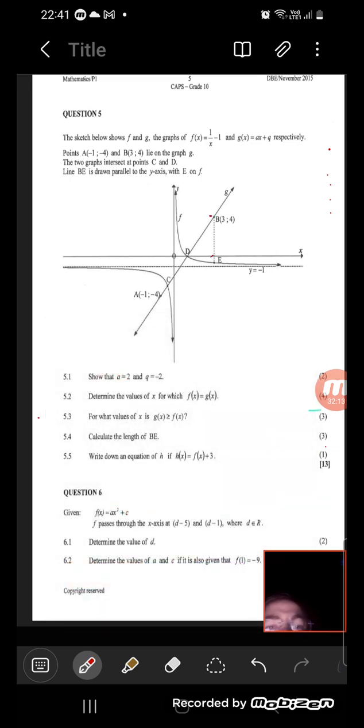So this x point is 3. This x point is also going to be 3. Okay, so I can gooi that point in.